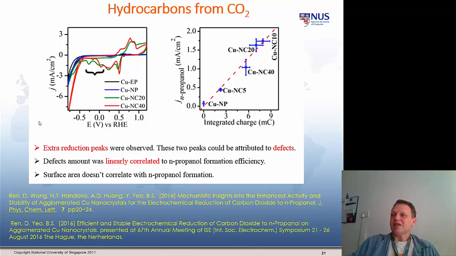Now, being kineticists at heart, they immediately plotted surface area against rate of production of propanol, and they found actually no relation. But when they plotted the amount of N-propanol against the defects, suddenly a different story.